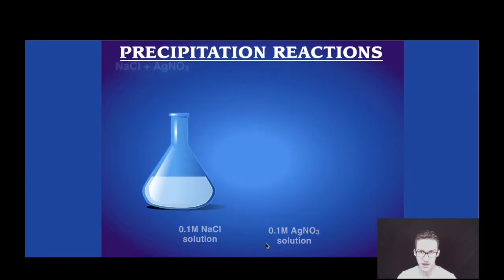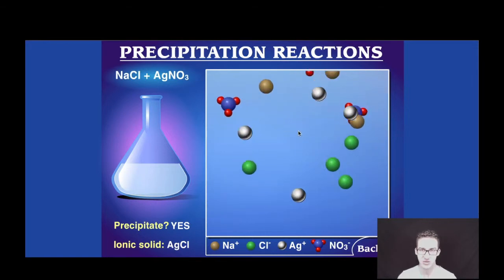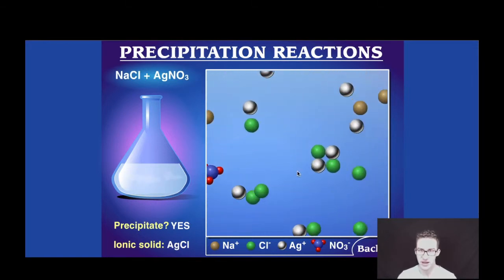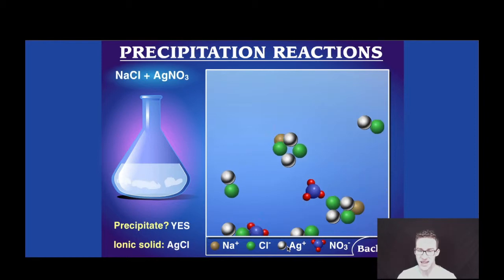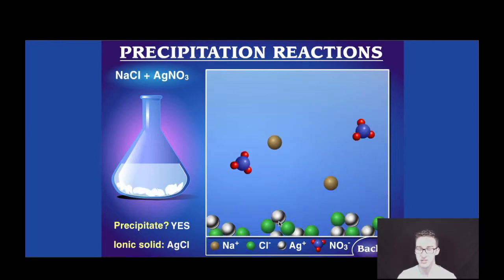One of the anions and one of the cations comes together to form a precipitate. And so as you look here at the animation, it's the silver cations and the chloride anions that come together and precipitate out of solution. The sodium ions and the nitrate ions sort of stay dissolved in solution there. Now at the macroscopic level, you'll see just what happens here on the left-hand side, this white solid precipitate beginning to form at the bottom of your beaker.